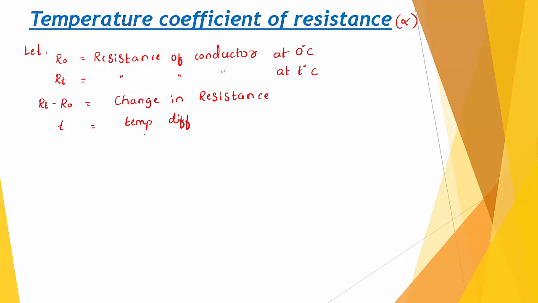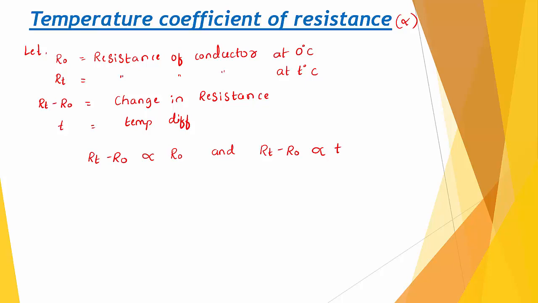Now, it is experimentally found that RT minus R0, that means change in resistance, is directly proportional to the initial value of resistance. And also the change in resistance RT minus R0 depends on temperature T. So change in resistance depends on two factors.